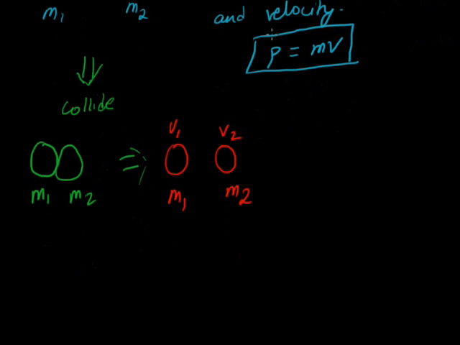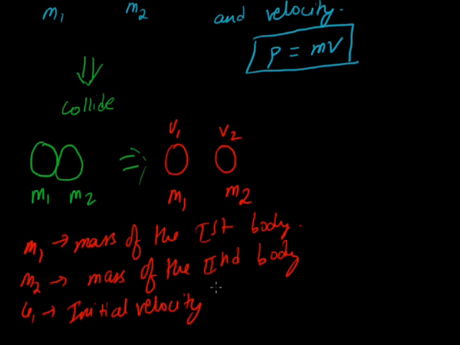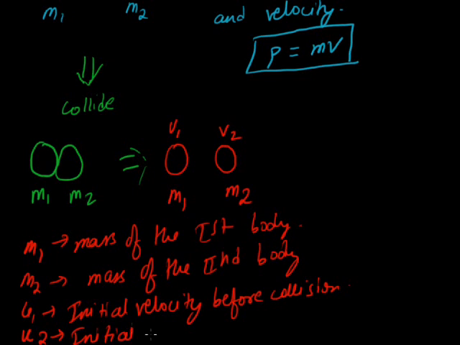Now we apply the principle. First, m1 is the mass of the first body, m2 is the mass of the second body, and u1 is the initial velocity before collision, and u2 is the initial velocity before collision.